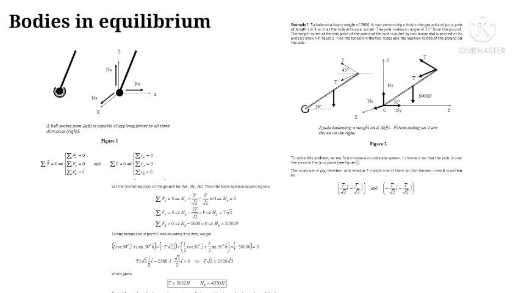Example 1. We need to balance a heavy weight of 500 Newton. A pole of length L is put into a hole in the ground so that the hole acts as a socket.